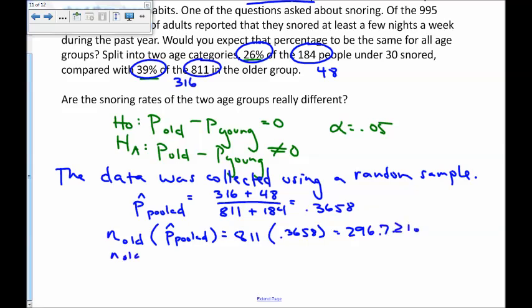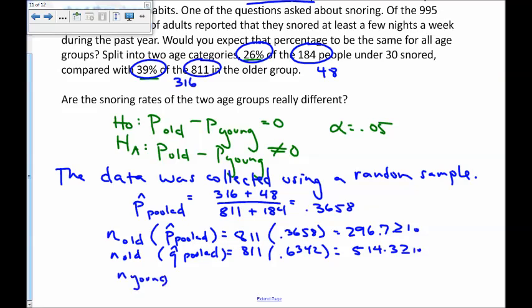And n sub old times q hat pooled, which is 811 times 0.6342, is about 514.3, which is bigger than 10. And n sub young times p hat pooled equals 184 times 0.3658, which is about 67.3, which is bigger than 10.